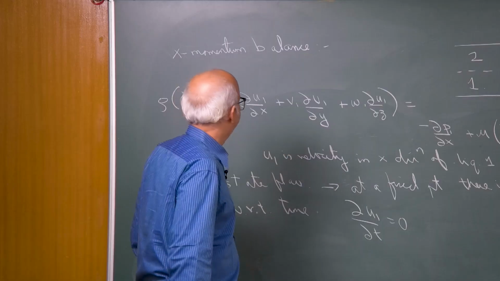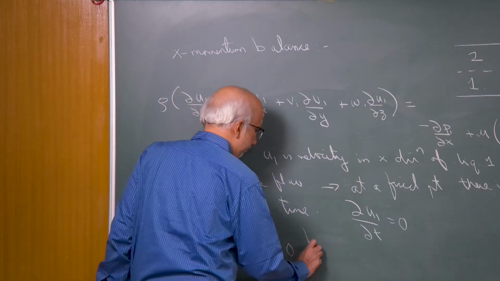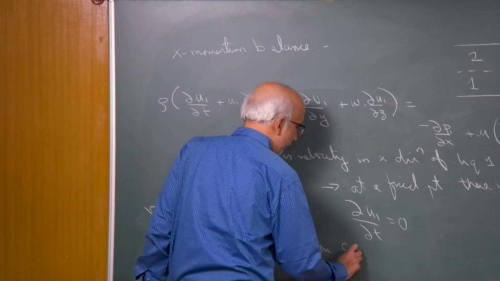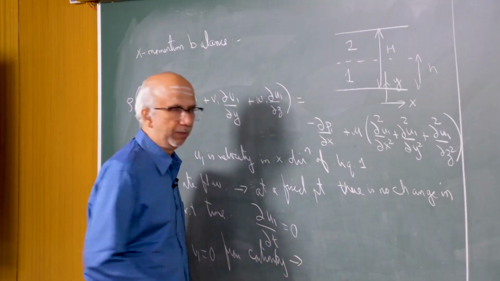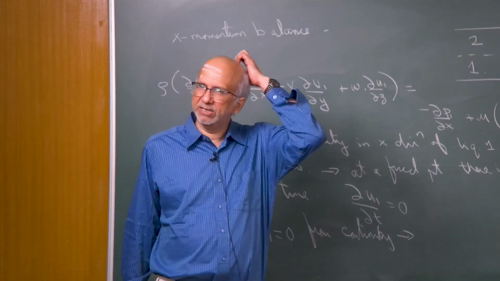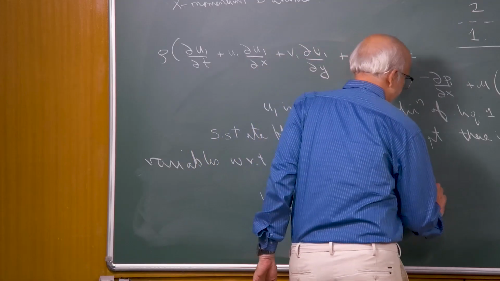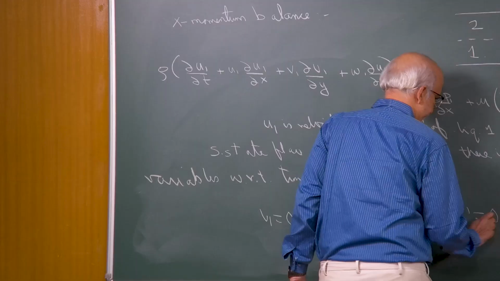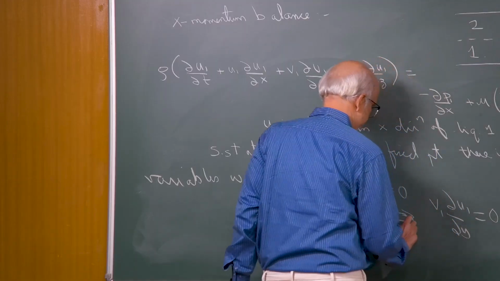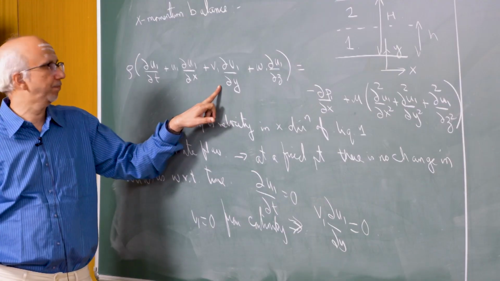The other thing we know is, we have already shown V1 is 0 from the continuity. So, this goes to 0. So, V1 du1/dy is 0, because this term has V1.